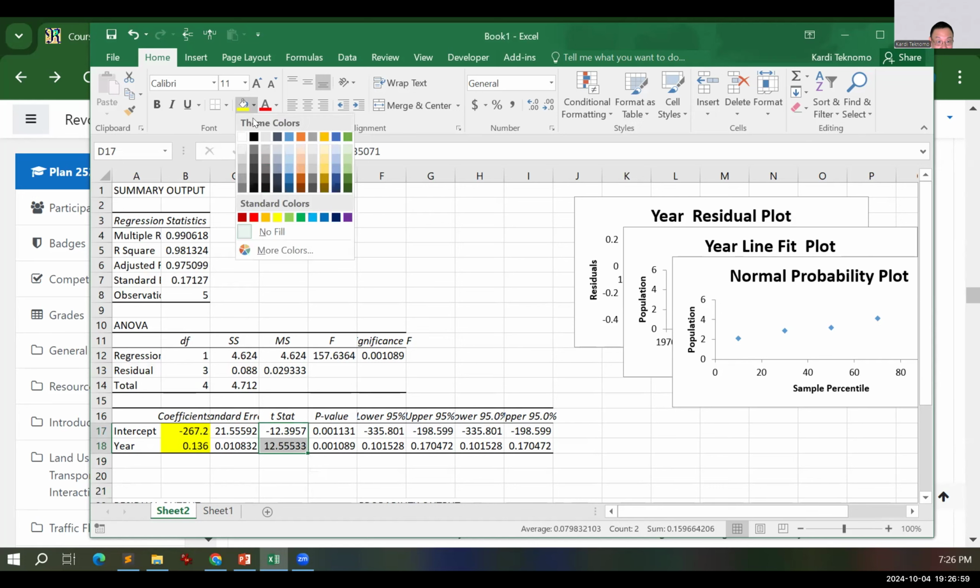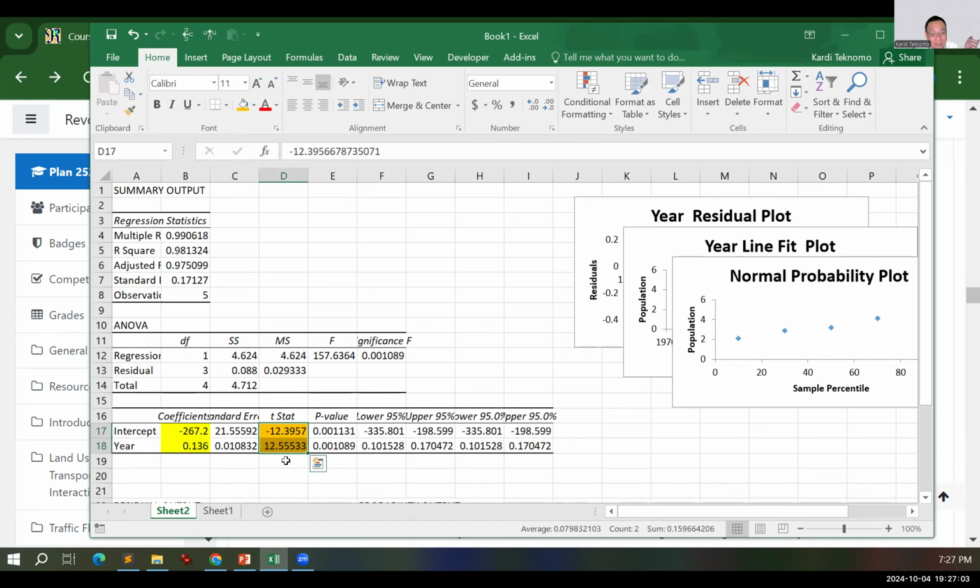The absolute value of this T statistic must be larger than 1.66, based on the normal distribution.